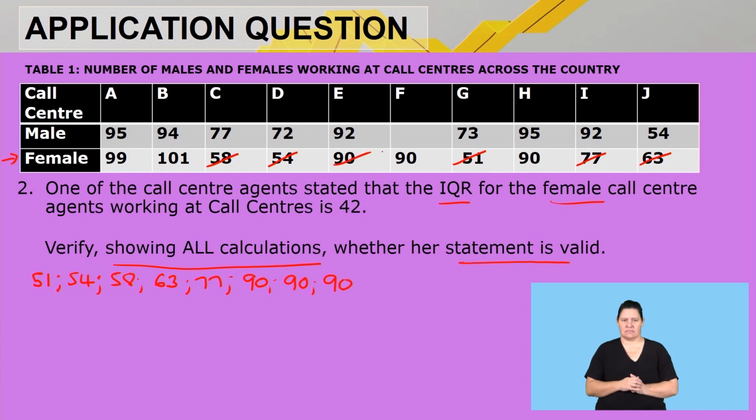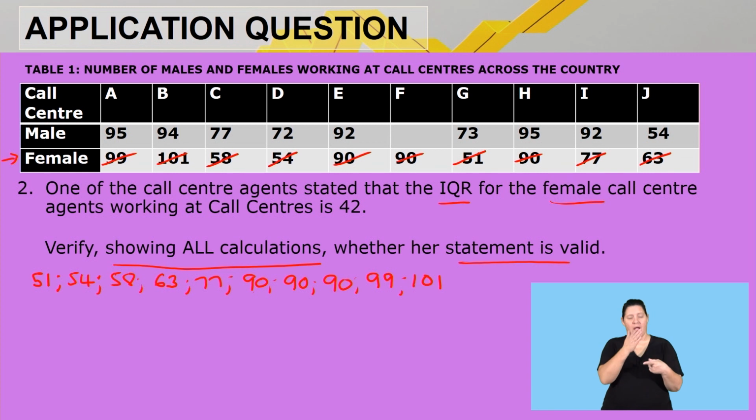So I listed all 3 of them. Then I have 99. And then I have 101, which is our biggest value. So let's make sure that we have all of them: 1, 2, 3, 4, 5, 6, 7, 8, 9, 10. Okay, so they're all there. So I completed my step 1 by arranging it in ascending order.